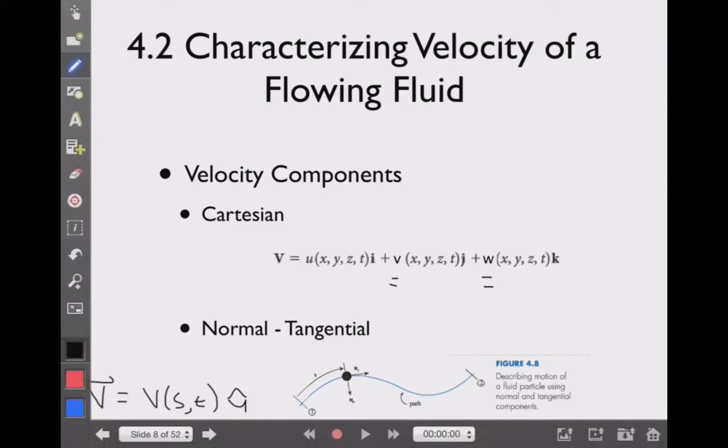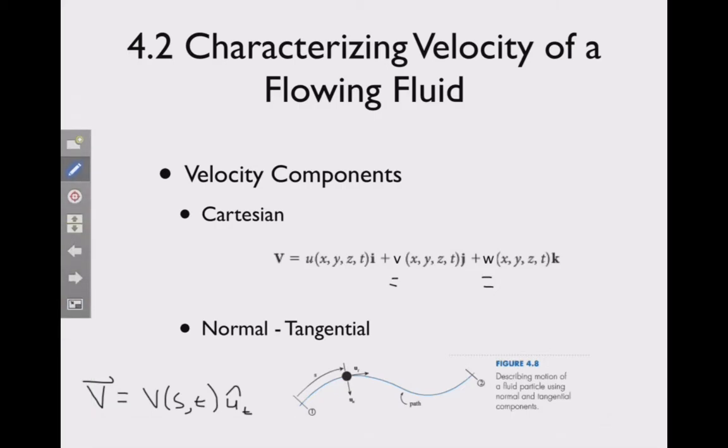U tangential. So this basically is showing a particle traveling along a streamline. The path is given by this blue curve here. It's probably a path line actually, but if the flow is steady, it's also a streamline.